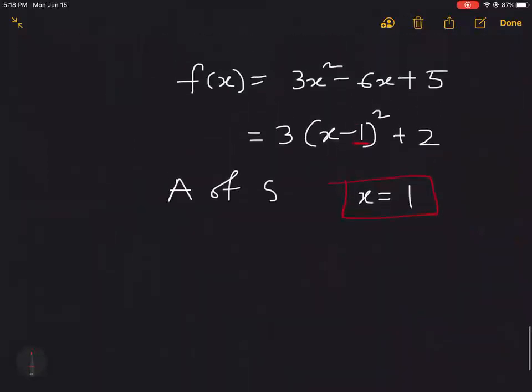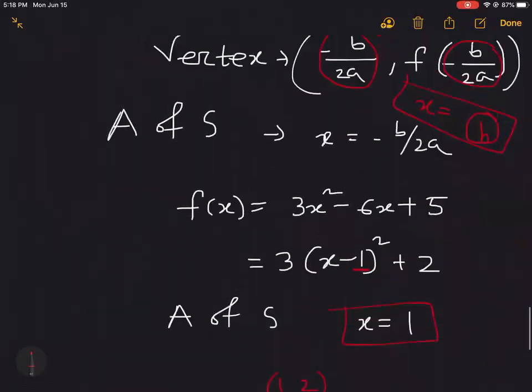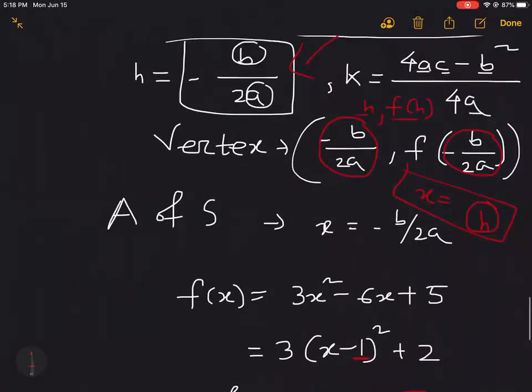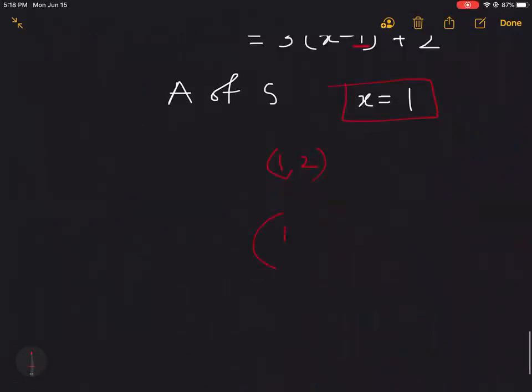Now let's see whether that's true or not. We have seen our vertex is 1 comma 2. As I said, vertex is h comma f of h. So clearly h is 1. That's true. All we need to find is the functional value at h, that means at 1.